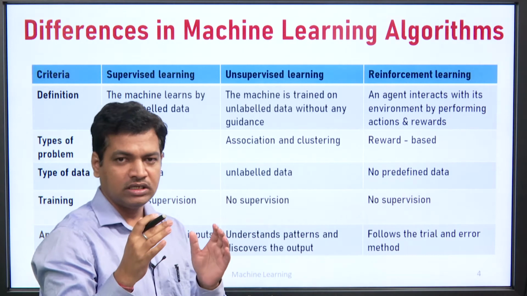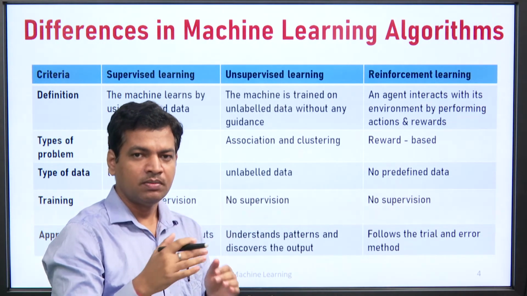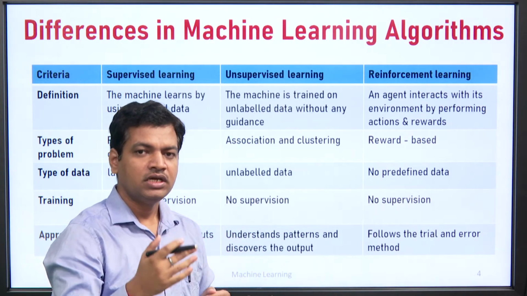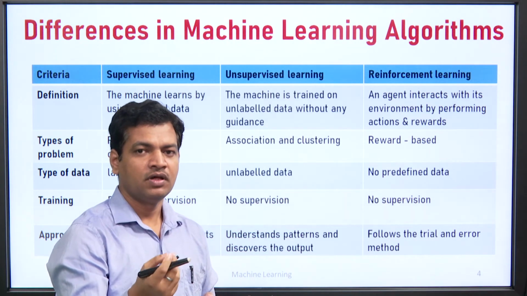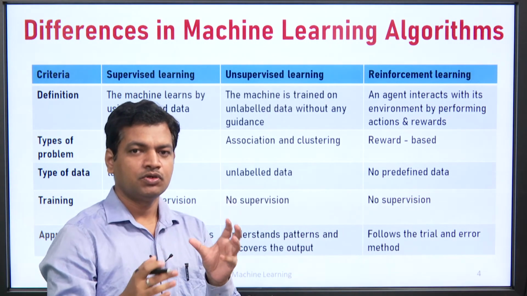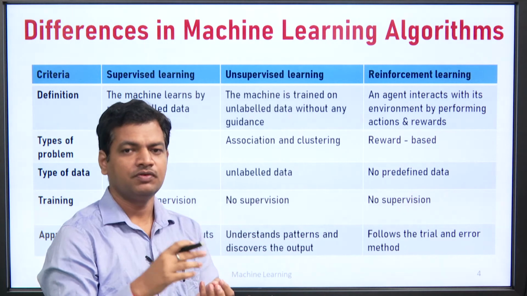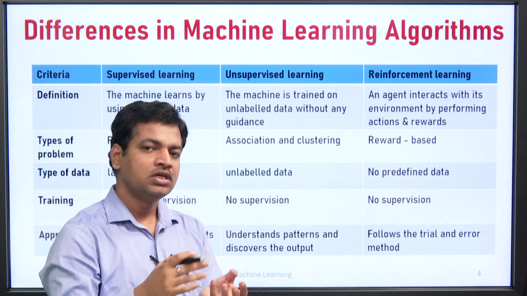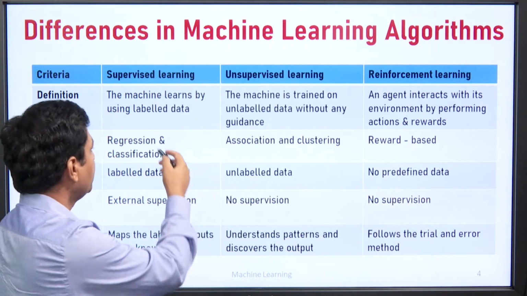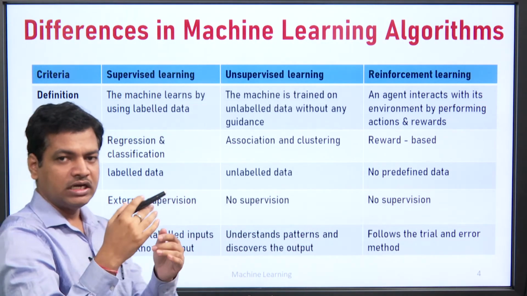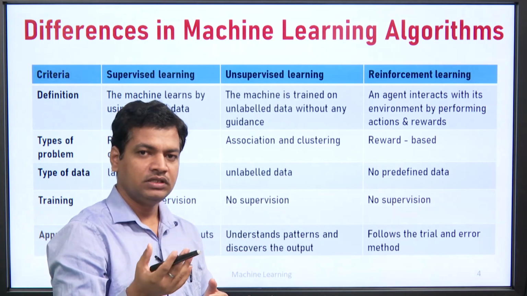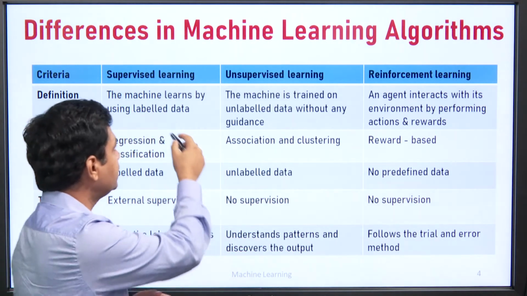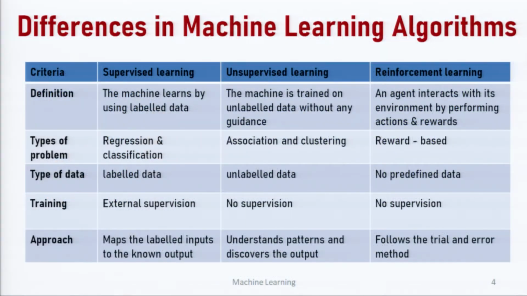That means the samples of data given to us are labeled. Suppose we give a number along with its unit, maybe in kilometers or in liters. So, that becomes labeled. If data samples are given with labels, then we say it is supervised learning. So, the machine learns by using labeled data in supervised algorithms.